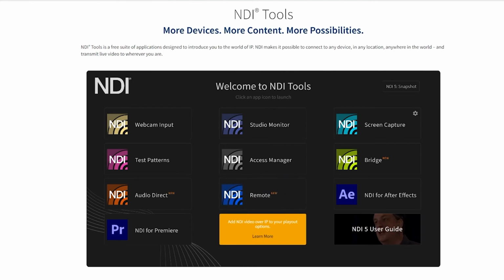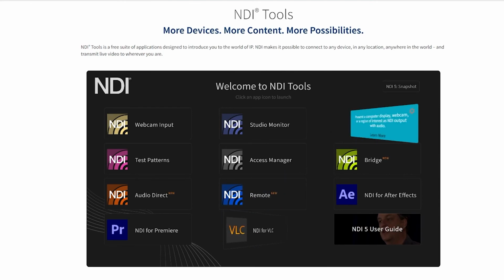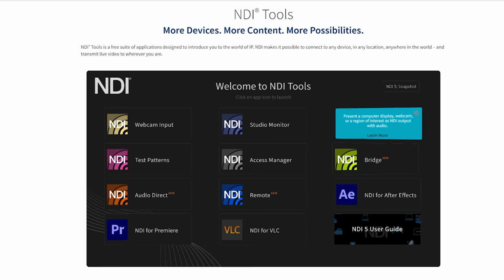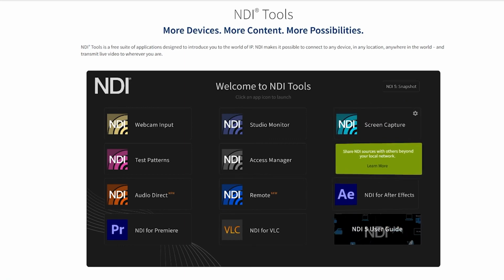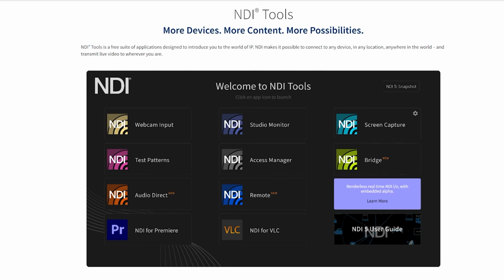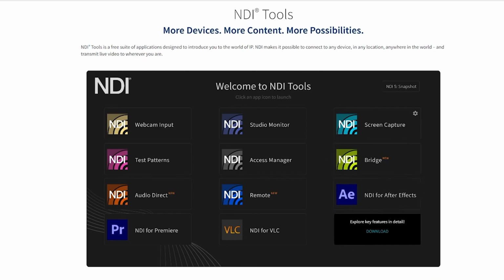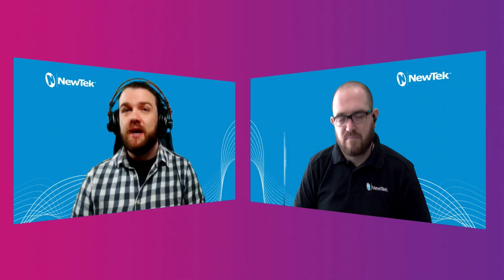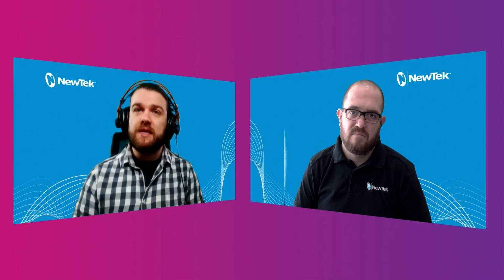Whether it's with any of the applications we've mentioned, OBS or even VLC, things like that. And yeah, there's also the SDK available there as well. So anyone actually looking to develop their own tools or implement NDI into their existing products can get hold of the SDK there as well.